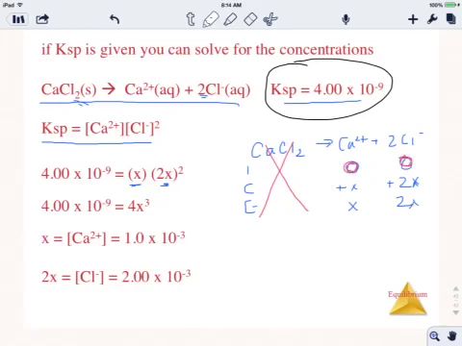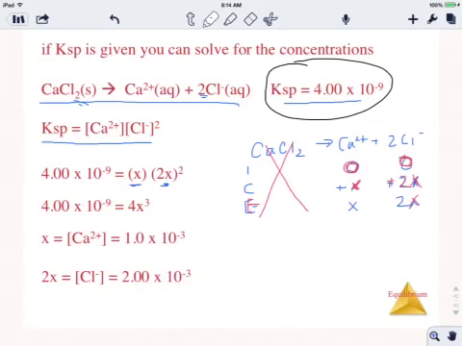Now the change will increase because we're producing our products, so that's why it's positive, and we look at the coefficient. So the calcium ion is plus X, and the chloride ion is plus 2X. So at equilibrium, we have our concentration for calcium as X and our concentration for the chloride ion as 2X.